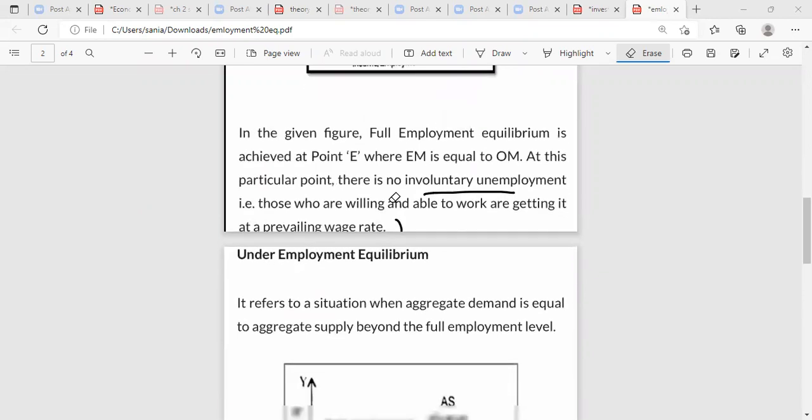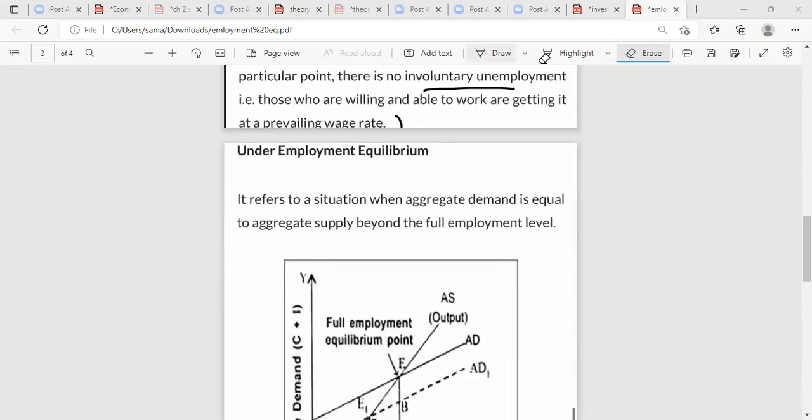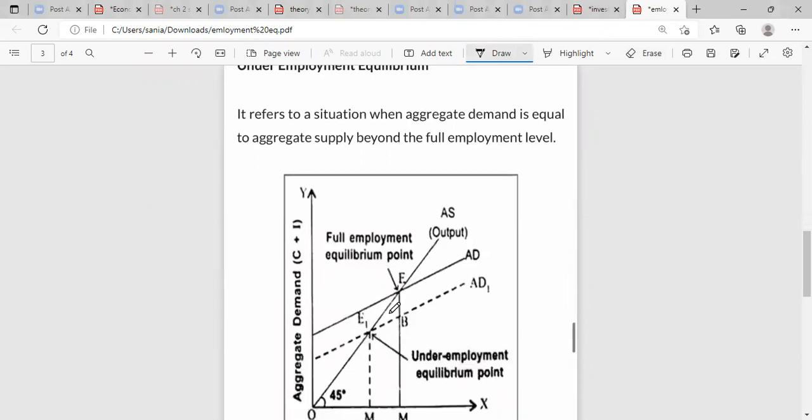Okay. Now coming to underemployment, right? So underemployment, see, this was the point. Over here, this was the point, right? That you were getting equilibrium. This was the full employment, right? So under means that it is coming down. Clear? So at that time, you can see these 2 points, this is the point you are meeting again.